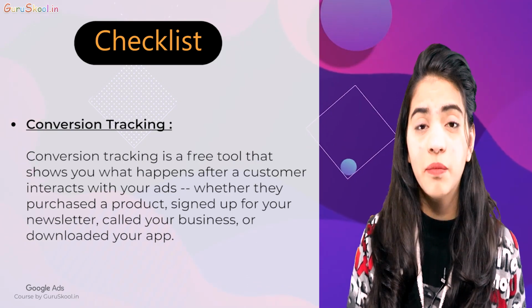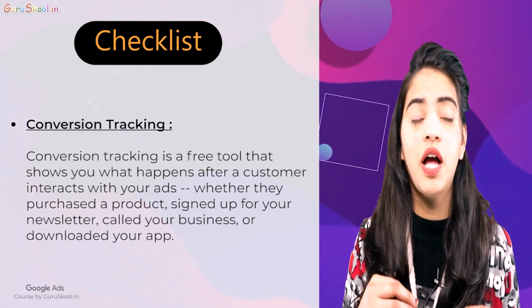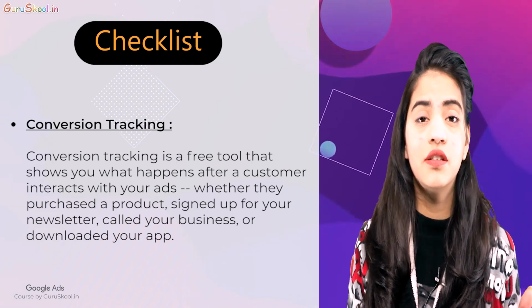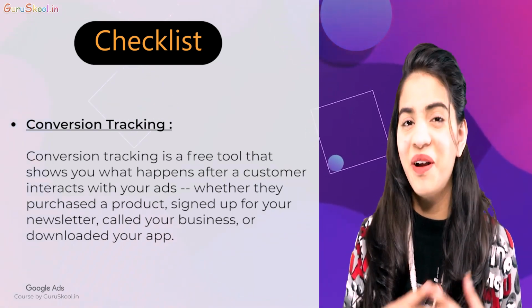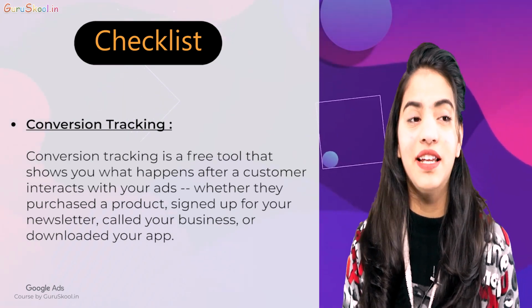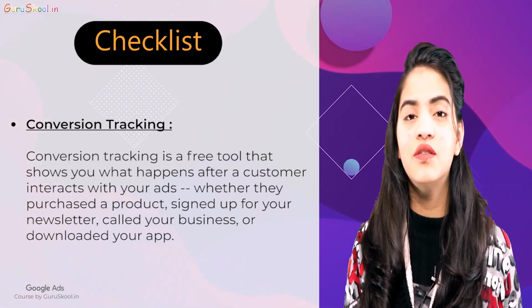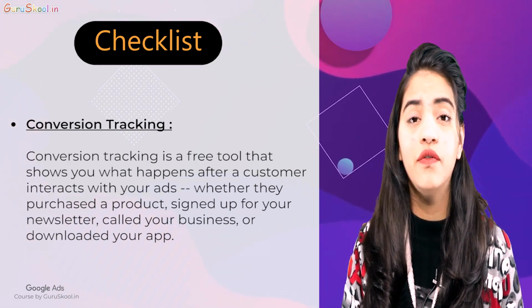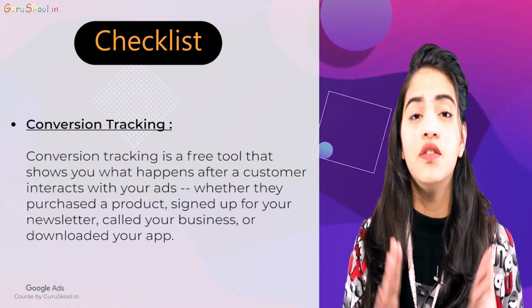Are they on the cart page? Are they on the home page? Do they like to see the shirts, the pants, or accessories? This is what you can get to know about them. So you have to set up the conversion tracking as well.